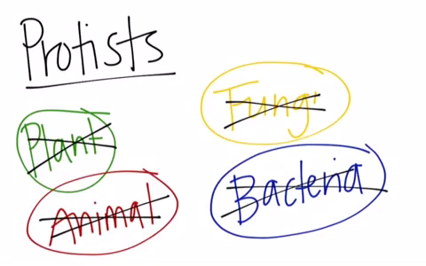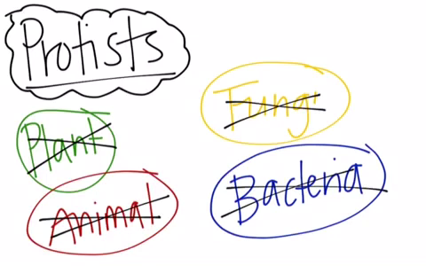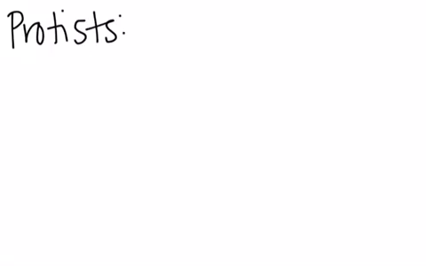So the biologist will put the organism in this category, Protista, the protists, which is kind of the catch-all group for the organisms that don't fit necessarily in any of the other categories. So moving forward, in 7th grade science, we're going to look at our protists.